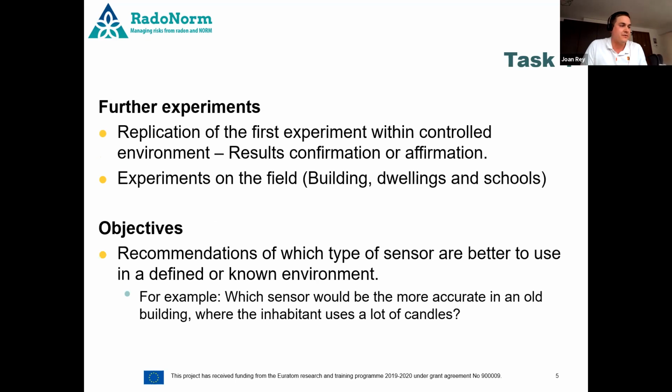Then, in the next years, I will replicate this experiment to confirm or refute our results. The aim is to carry out similar experiments in houses, schools, or workplaces to compare our lab results to field results. Ultimately, this task aims to give a recommendation of which type of sensor is better to use in a defined and known environment.